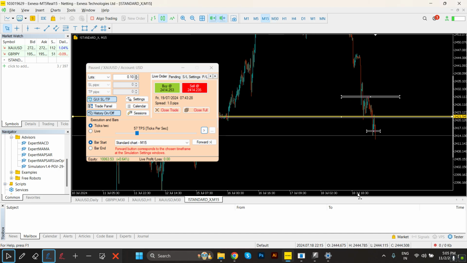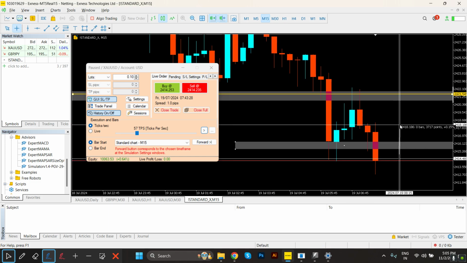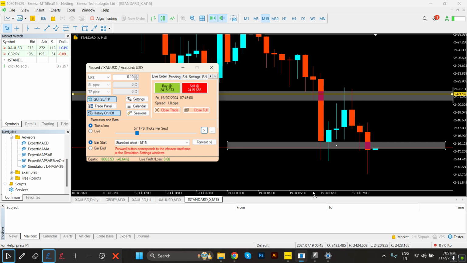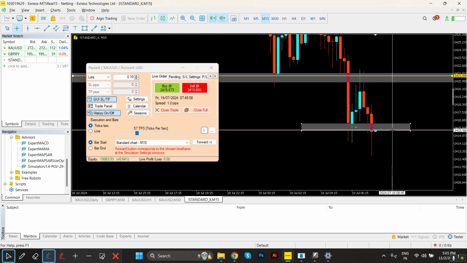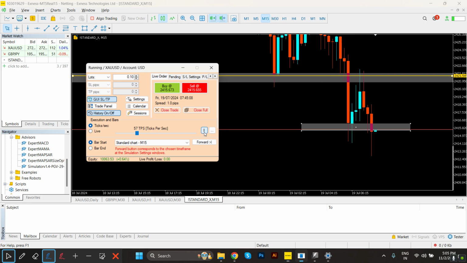Yeah, maybe somewhere here, but stop loss is big. 3 2 1, the candle will close. Yeah, candle close here. We have a 30-minute time frame.